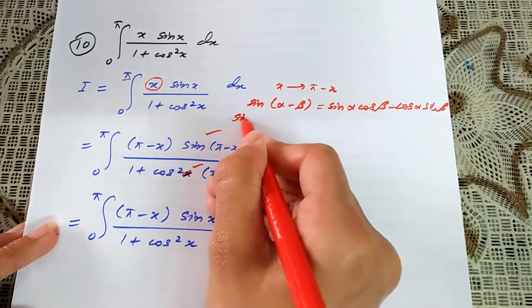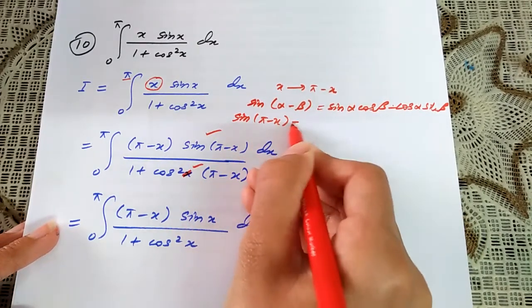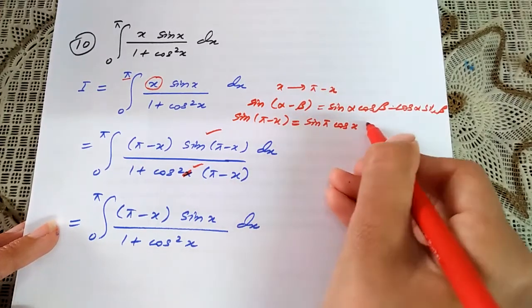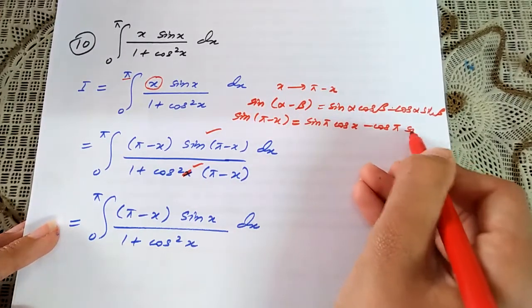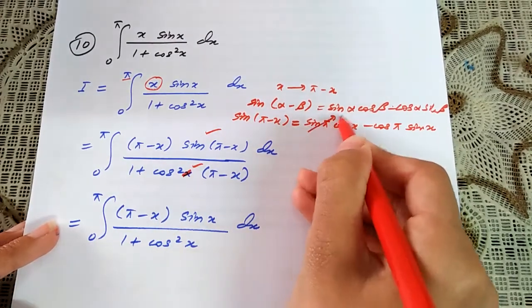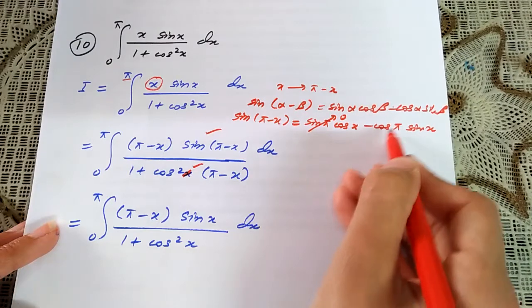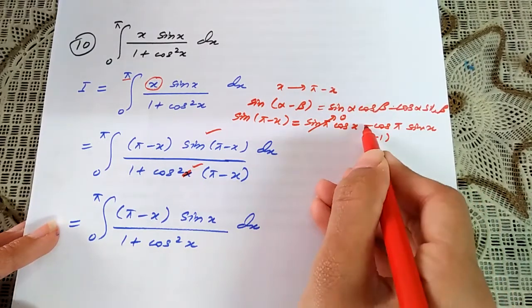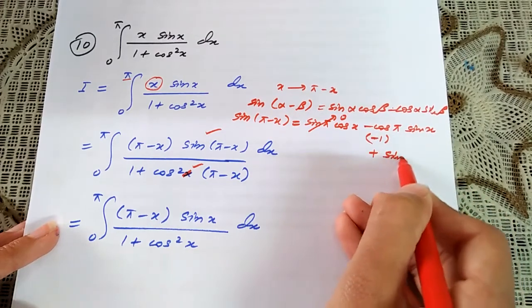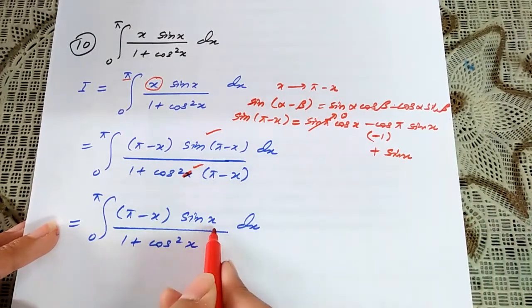So sine of pi minus x equals sine pi cos x minus cos pi sine of x. We know that sine pi is 0 and cos of pi is negative 1. This negative and this negative give us the positive, and we have sine of x in our answer.